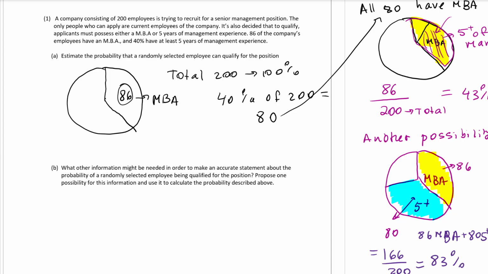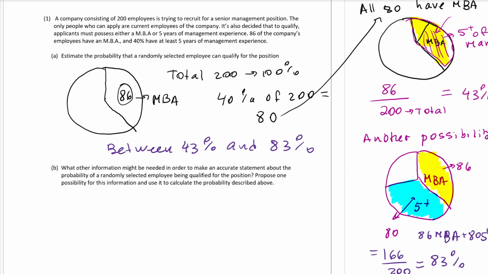So basically, the truth of the matter is that the answer could be anywhere between those two extremes, depending on the size of the overlap, which we do not know. We don't know how many have an MBA and 5-year experience. You see the idea here? That's what we're getting at with this lesson.